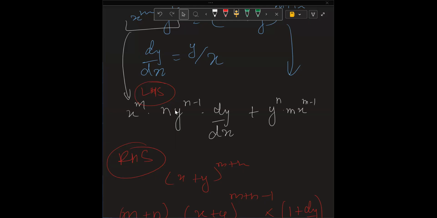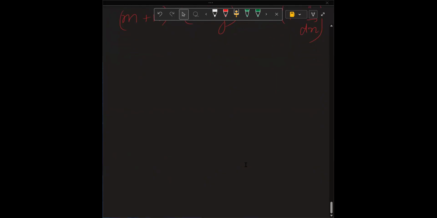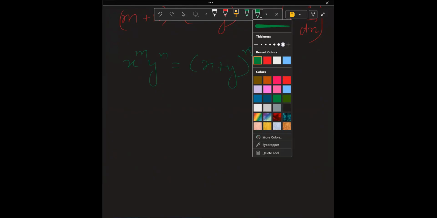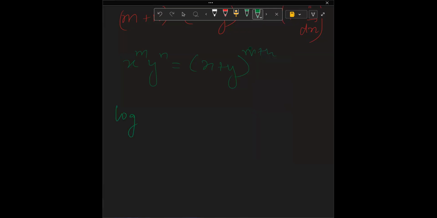So when I take log both the sides, what will I get? x power m, y power n is equal to x plus y power m plus n. मैं log लेता हूँ both the sides. So this is going to be log of x to power m plus log of y to power n.